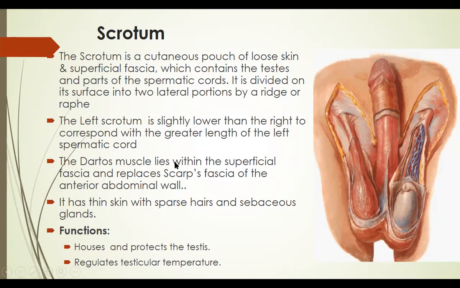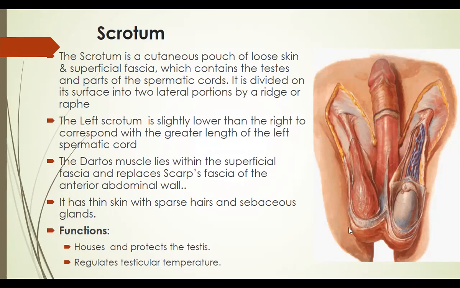The dartos muscle lies within the superficial fascia. As I said, this is a cutaneomuscular bag. So within the superficial fascia, there is a muscle layer. It has a specific name, called the dartos muscle. So the dartos muscle is within the wall of this bag.